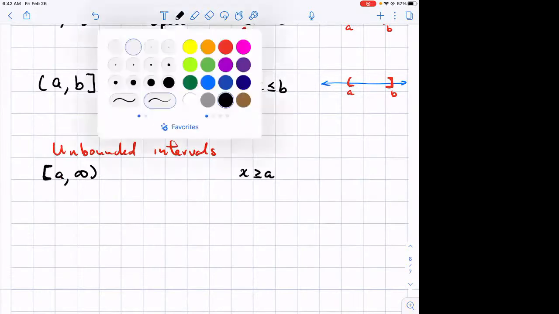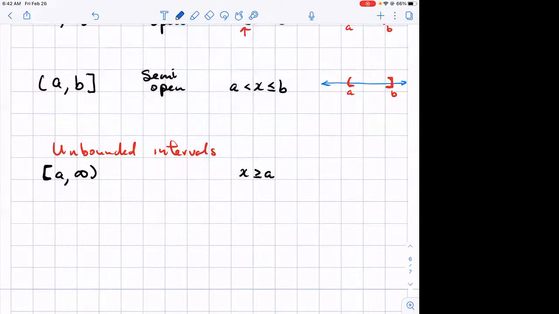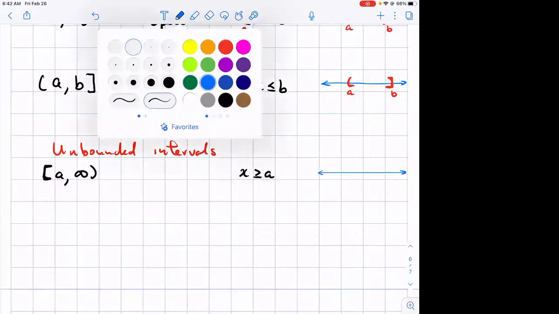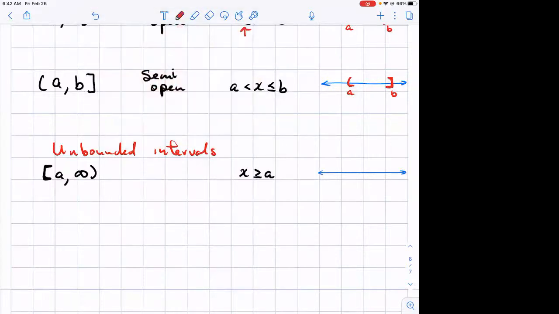And if you look at this on the number line, if we have A somewhere over here, and that's all we know, and it goes on and on. So what you do, you draw a line and just put an arrowhead on it. You can make it as long as you want, or once you show which direction it is going, you can make it shorter if you choose to.